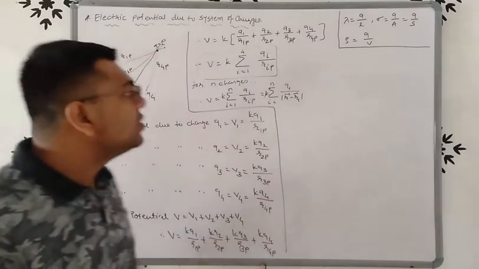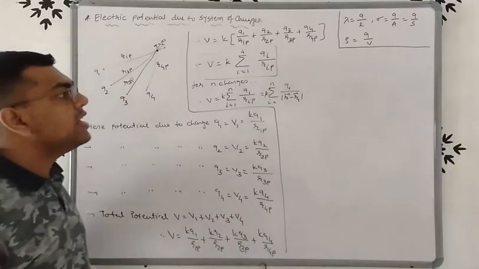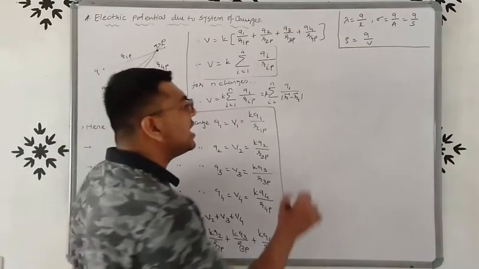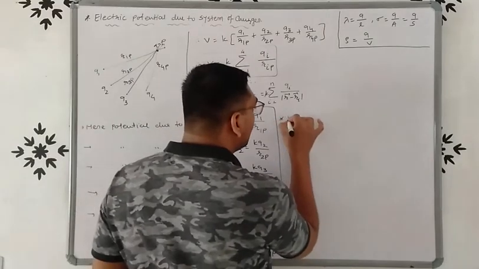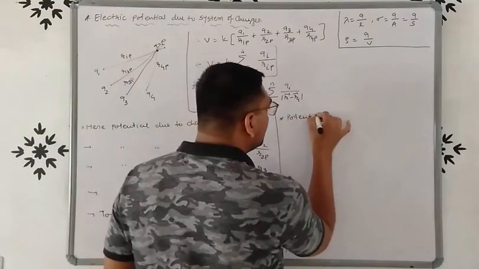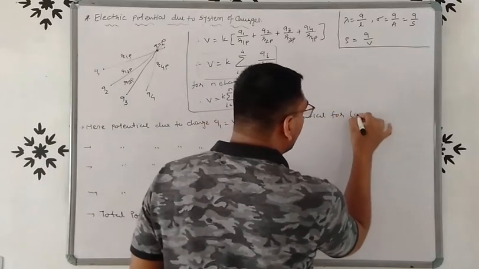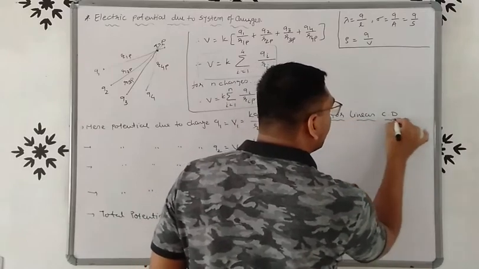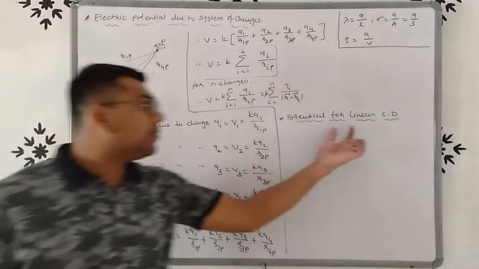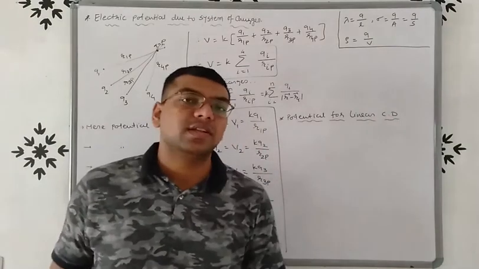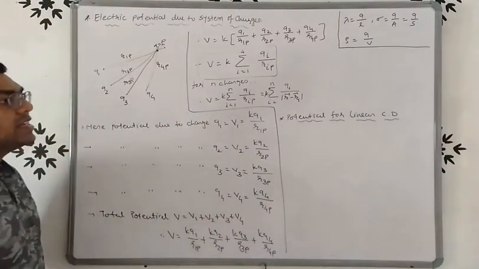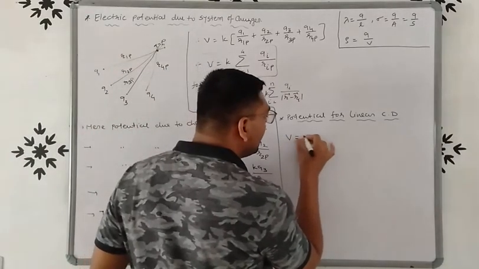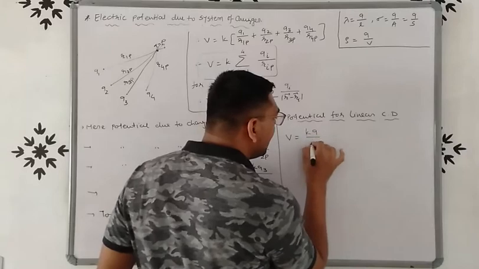Right? So here first of all we derive the equation of potential for linear charge distribution. Potential for linear charge distribution. Now if linear charge distribution will be there, we already know the formula of potential, V is equal to kq by r.